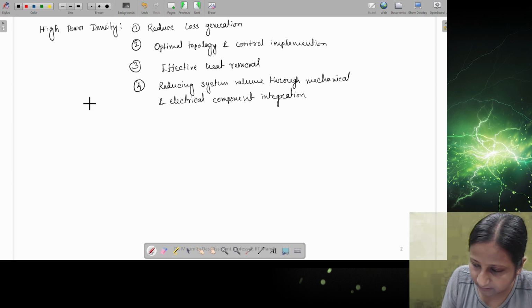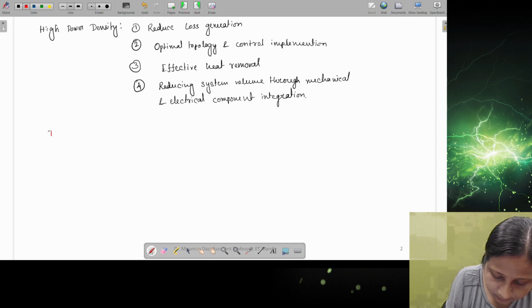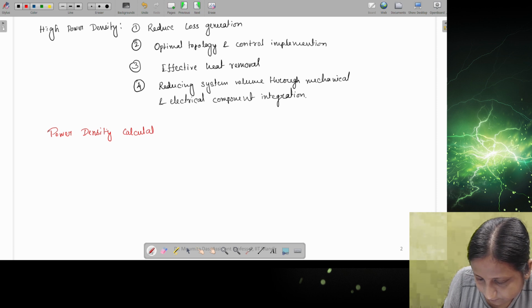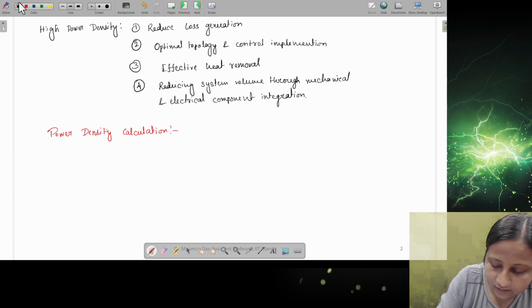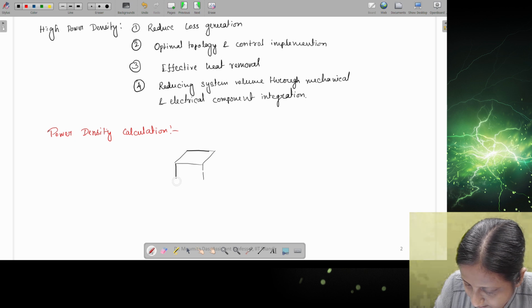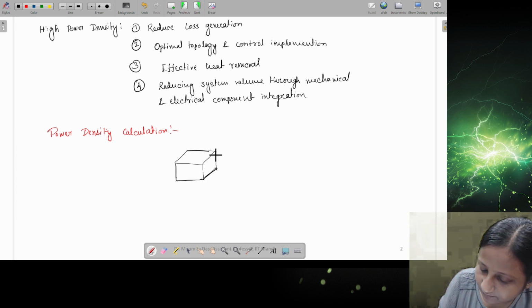Whatever it is, if we want to calculate power density, how can we do that? Let's consider this one black box with respect to the power converter, right?